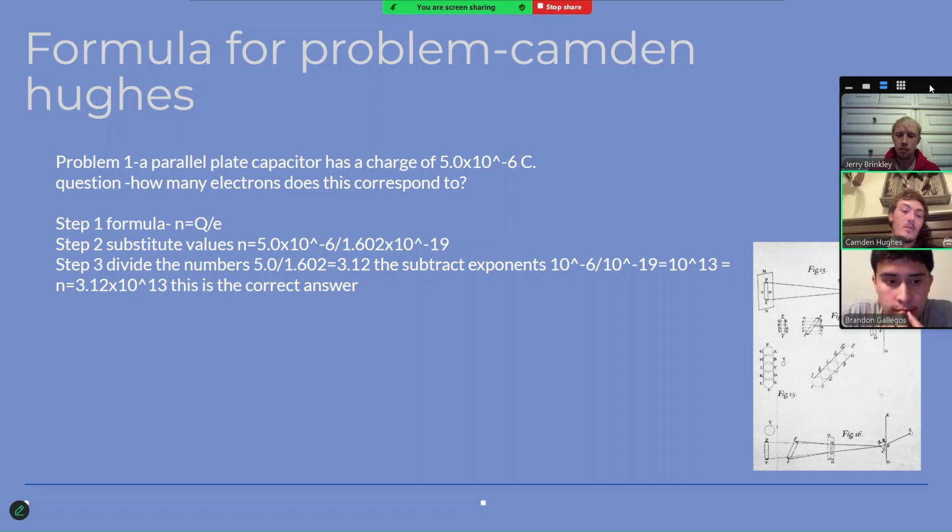Then for the third step, you divide the numbers, and you subtract the exponents, 10 to the negative 6 power over 10 to the negative 19th, and that equals 10 to the 13th. And then for your final answer, N equals 3.12 times 10 to the 13th power. And that's your correct answer for that.